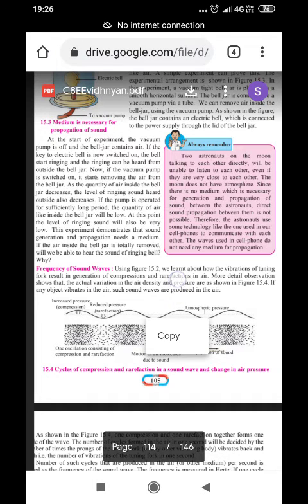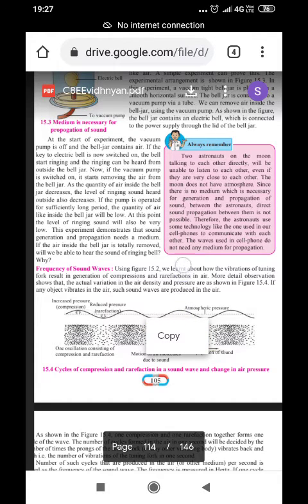As the quantity of air inside the bell jar decreases, the level of ringing sound heard outside also decreases. If the pump is operated for a sufficiently long period, the quantity of air inside the bell jar will be low. At this point, the level of ringing sound will be very low.